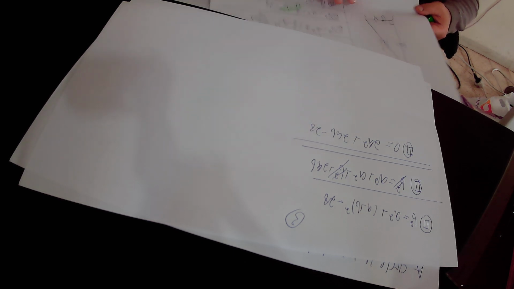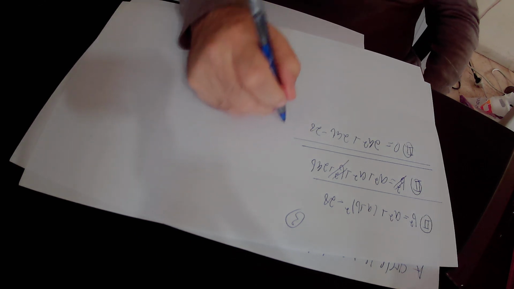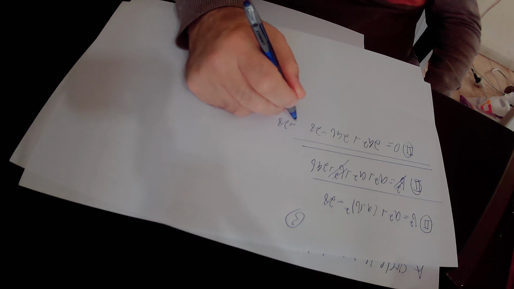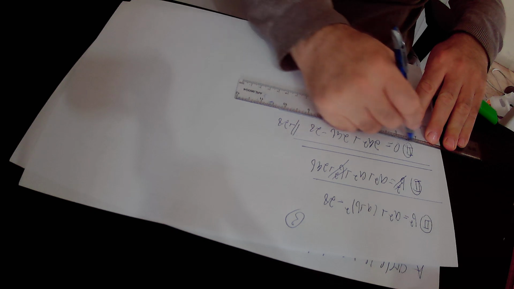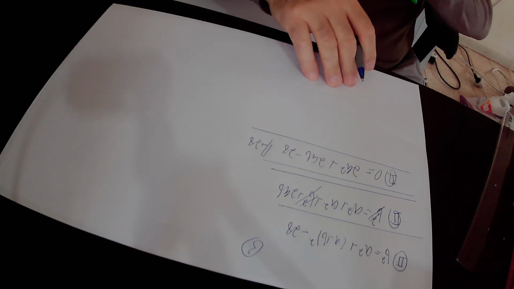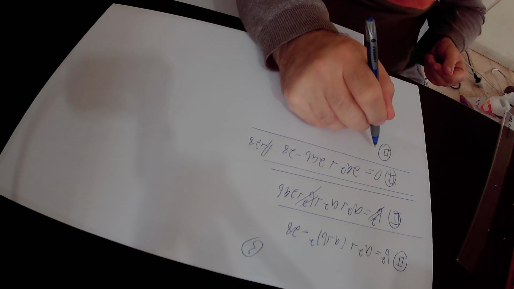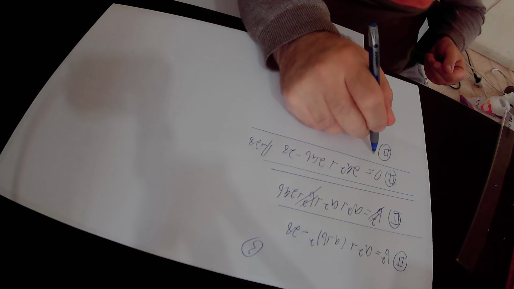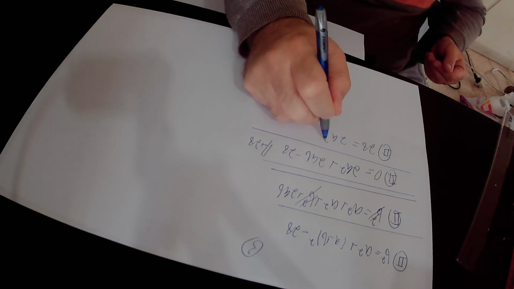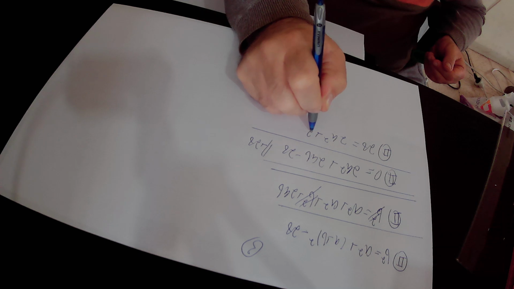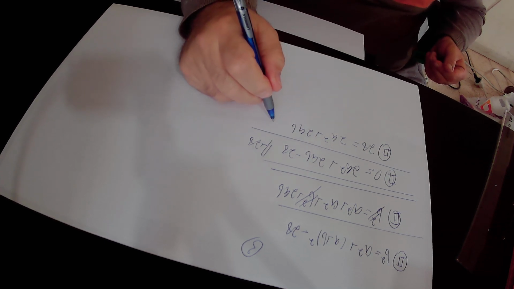So here we add 28 to this equation, equation 2. And we get that here 0 plus 28 is 28. That equals 2a squared plus 2ab. Here we divide this equation, equation 2, by 2.